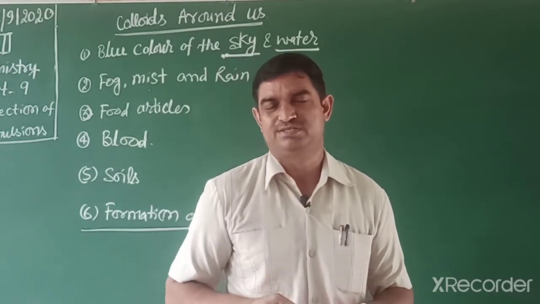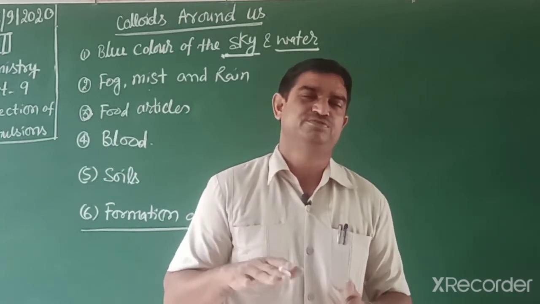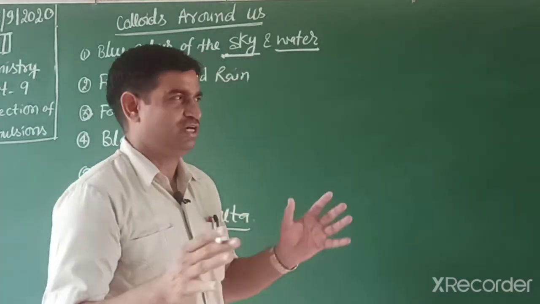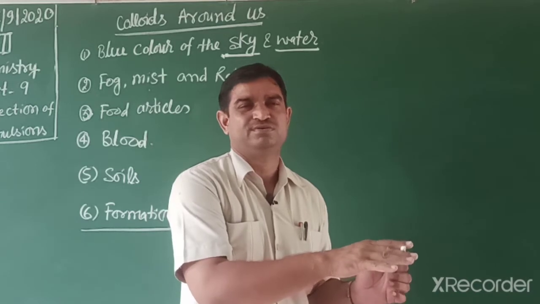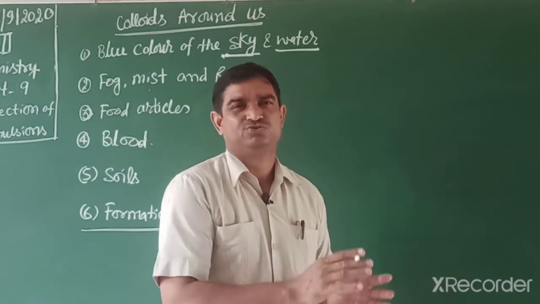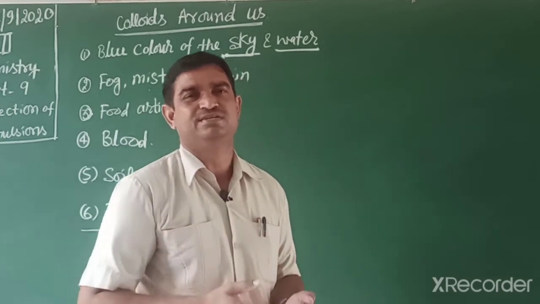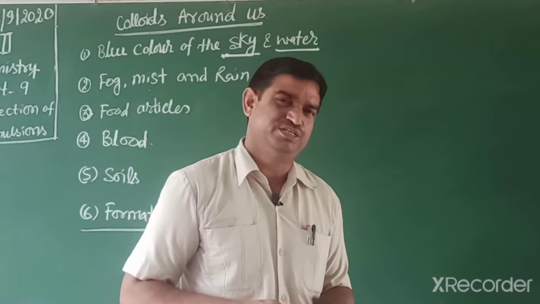We already discussed aerosol, a type of colloid, when liquid is dispersed in a dispersing medium that is in a gaseous state. So the liquid droplets are condensed and settle down on the dust particles, so they appear like fog. Mist means when an industry releases gas and it also condenses, so mist.